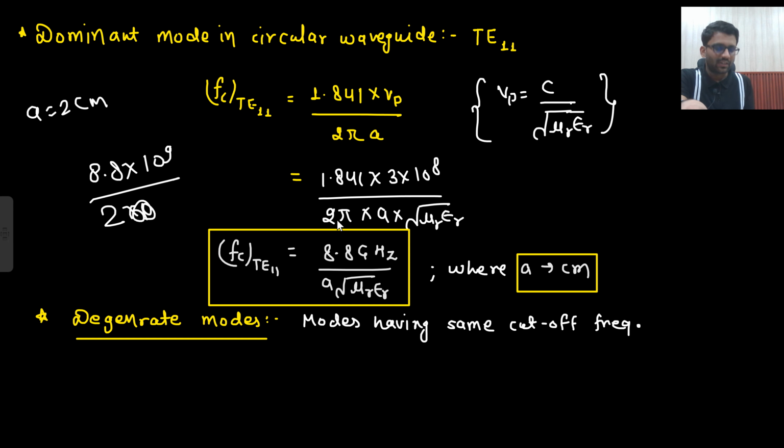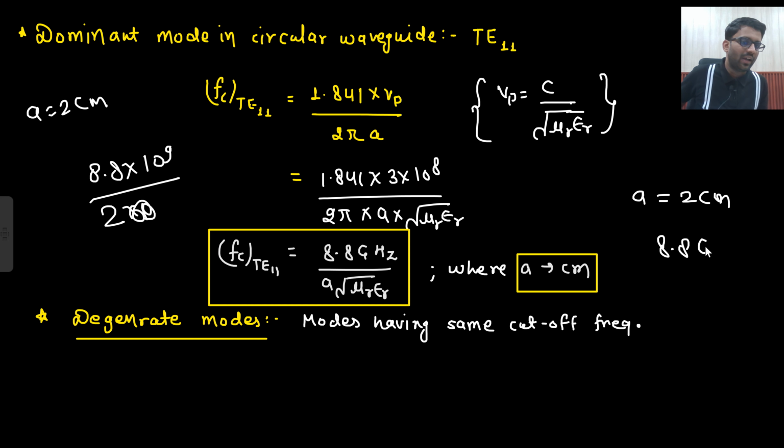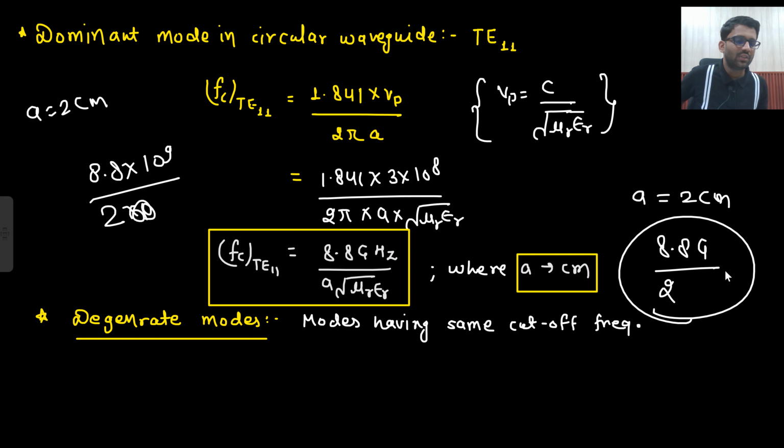So in this expression, let's say the value of a is given as 2 centimeter. I write 8.8 gigahertz divided by 2, and let's say mu r epsilon r is 1 only. This will be my cutoff frequency of the dominant mode. Here I am not going to put 10 to the power minus 2, because this minus 2 I have already taken up in giga.